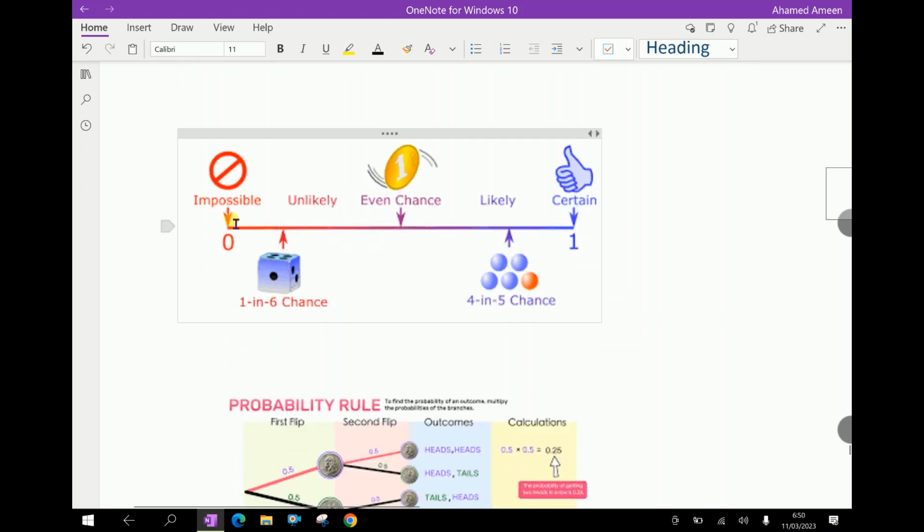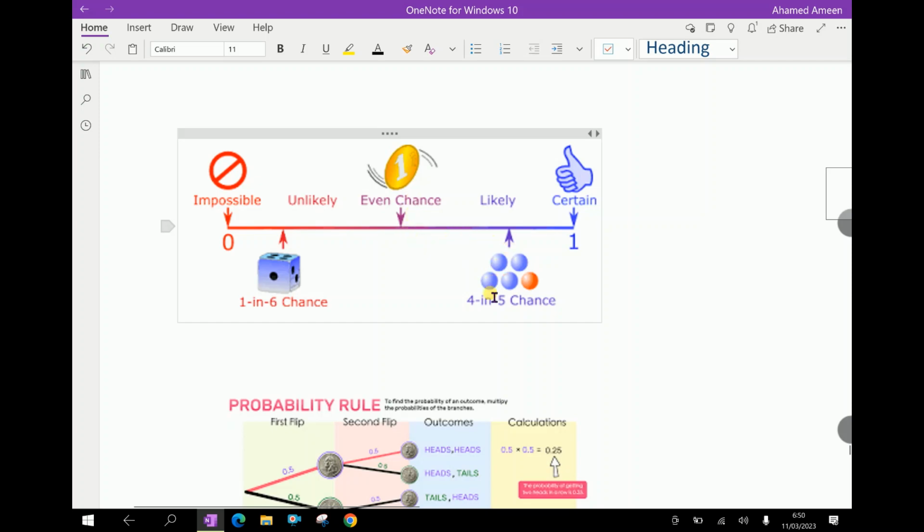Look here. Suppose a die is thrown. If there is no chance, it means there is no chance of getting the expected number. It's an impossible event. If you have only 1 in 6 chances, it is unlikely. If you are getting 3 out of 6, it is even chances.